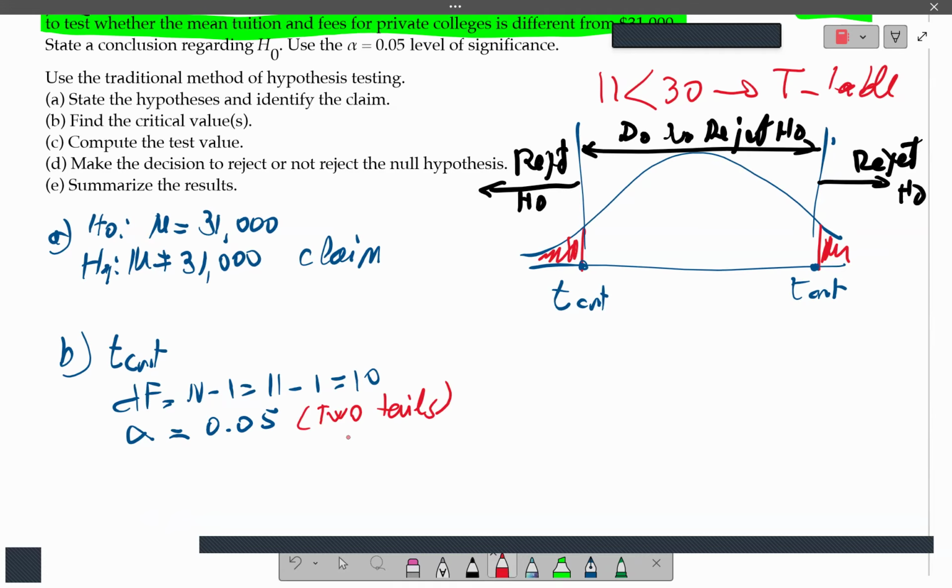Now, once I get these two here, I need to go to my T table and get the values. Okay, what we said, 10 and the alpha two tails 0.05.